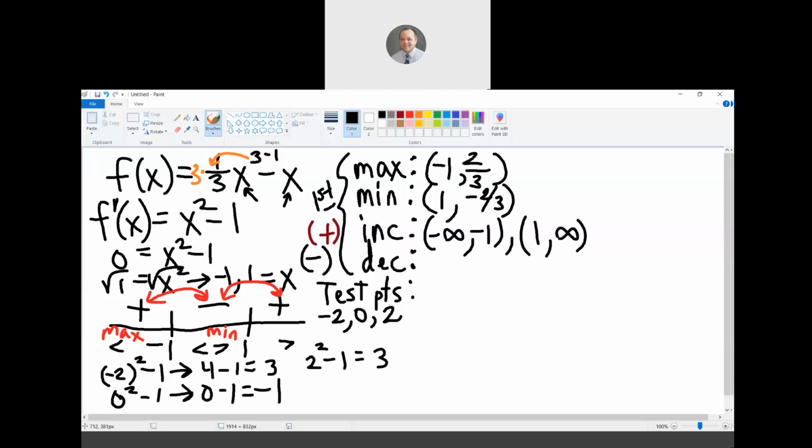And that happens according to your sign chart between the numbers negative 1 and 1. Before we find the rest of the graph's characteristics, are there any questions about the first derivative test?